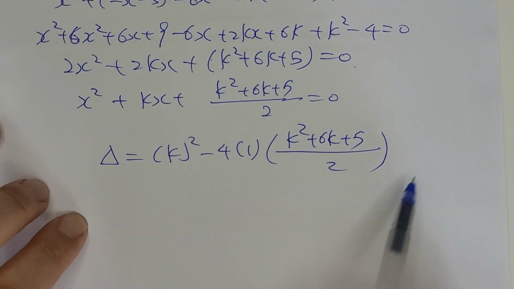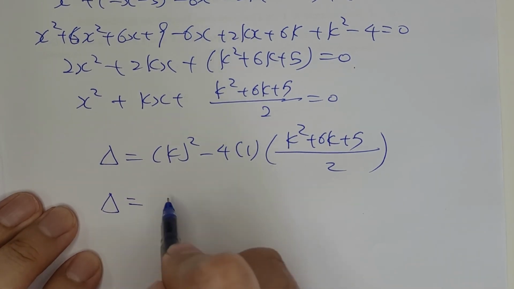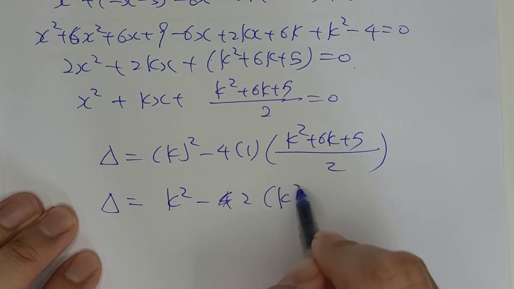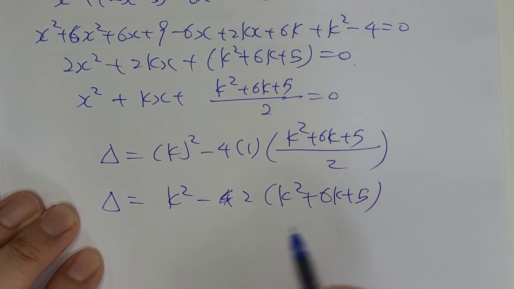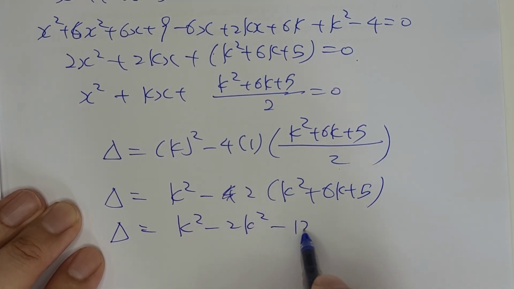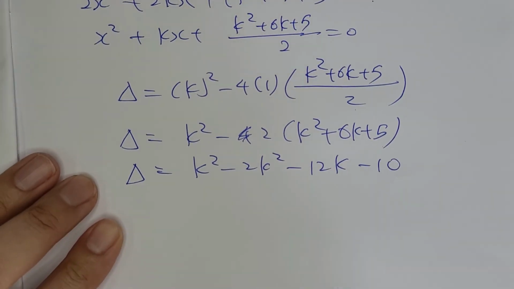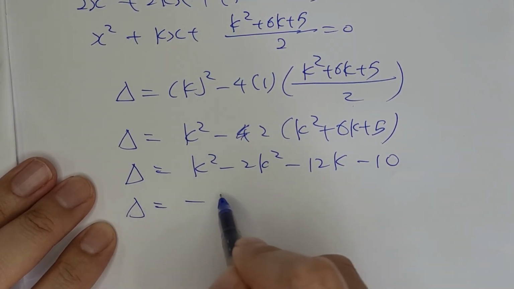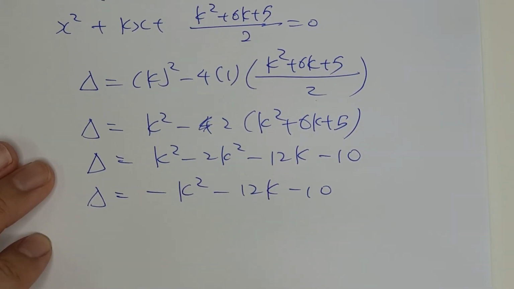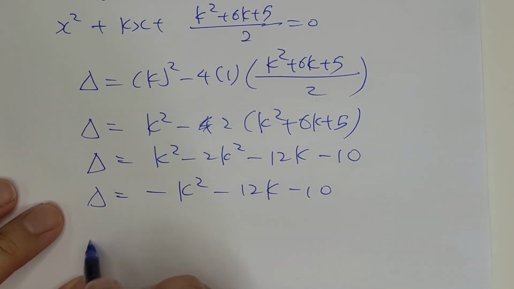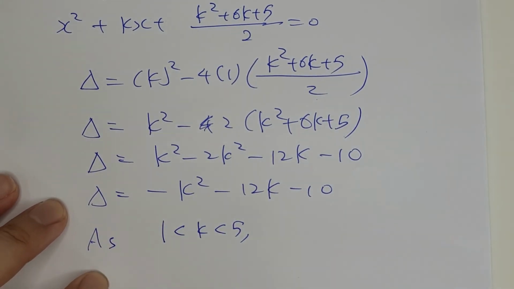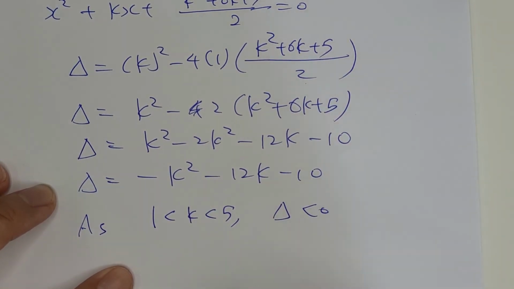and you need to simplify this. Discriminant will equal to k squared minus 4 divided by 2, that is 2. And then delta equals to k squared minus 2k squared minus 12k minus 10. And delta equals to negative k squared minus 12k minus 10. As you can see that, as k lies between 1 to 5, discriminant is less than 0.